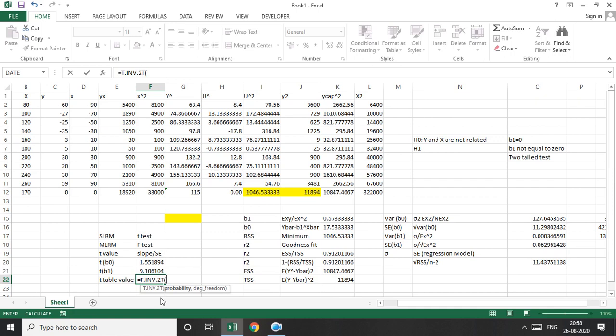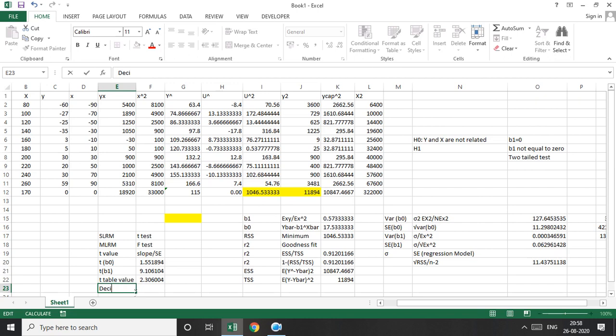I am assuming 0.05, that means a 95% confidence level, and my type 1 error will be only 5%. The degrees of freedom n minus 2 is equal to 8, which gives 2.306.